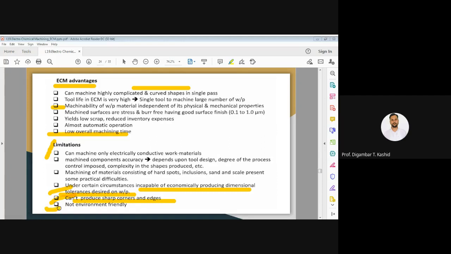And this process is not environmentally friendly, because in this process we are using chemicals. So these are the limitations.